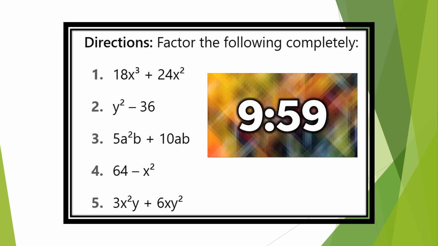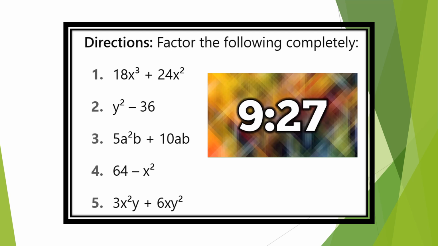Okay, for the formative assessment, we can have the students solve. I will let them solve this for 10 minutes. Directions: factor the following completely. Number 1: 18x cubed plus 24x squared. Number 2: y squared minus 36. Number 3: 5a squared b plus 10ab.